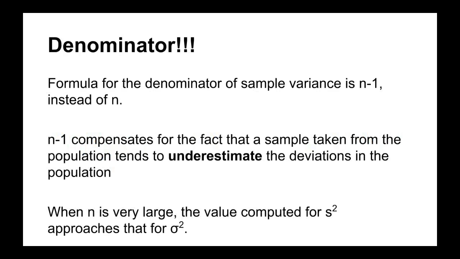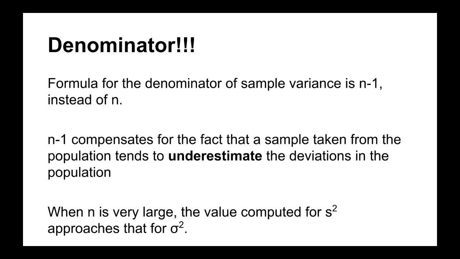Now, you've probably noticed that there's a difference in the denominator. The denominator of the sample variance is n minus 1. The denominator of the population is capital N. So, why are we subtracting 1 from the sample denominator?